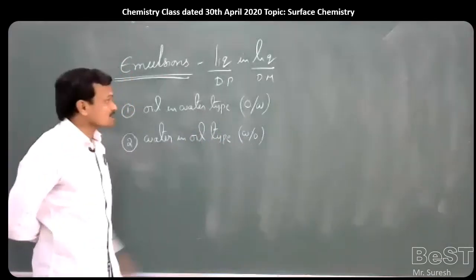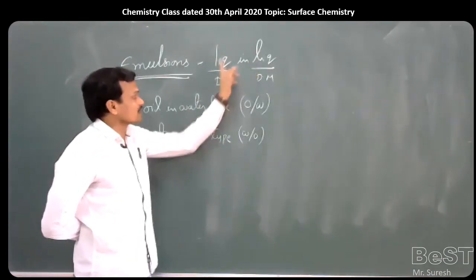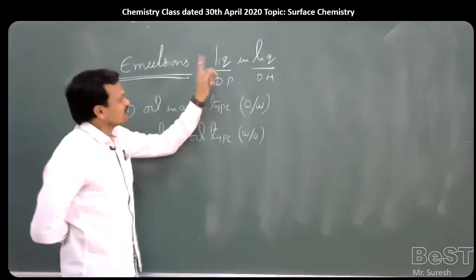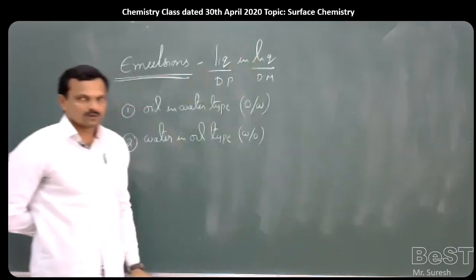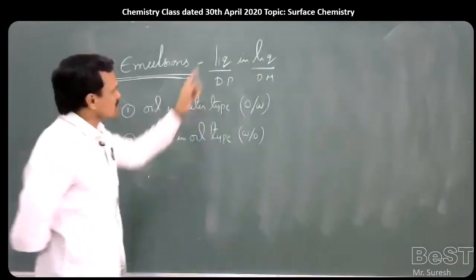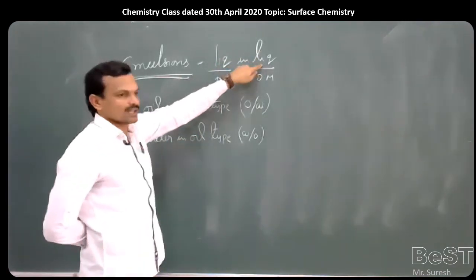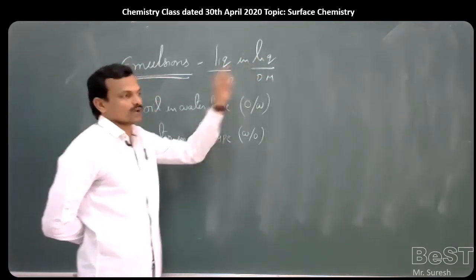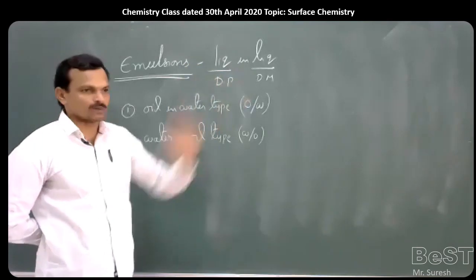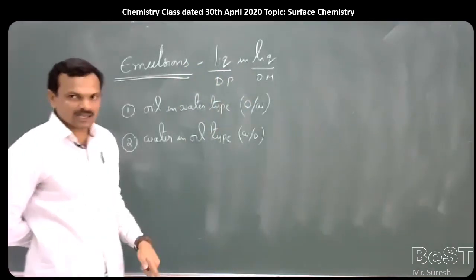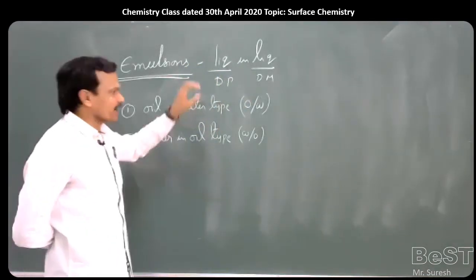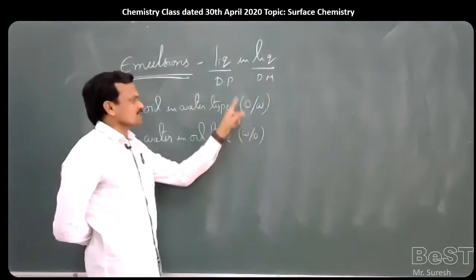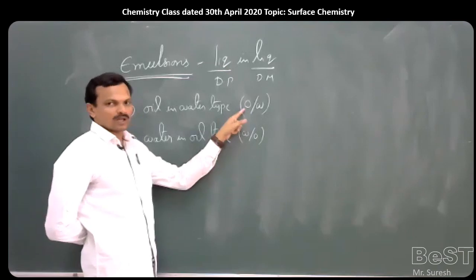Then on mixing these two and shaking vigorously, one liquid, which is present in small amount, will be dispersed in the other liquid, which is in large amount. Generally, out of these two liquid components, one is water and one is a water insoluble component, which is generally taken as oil.